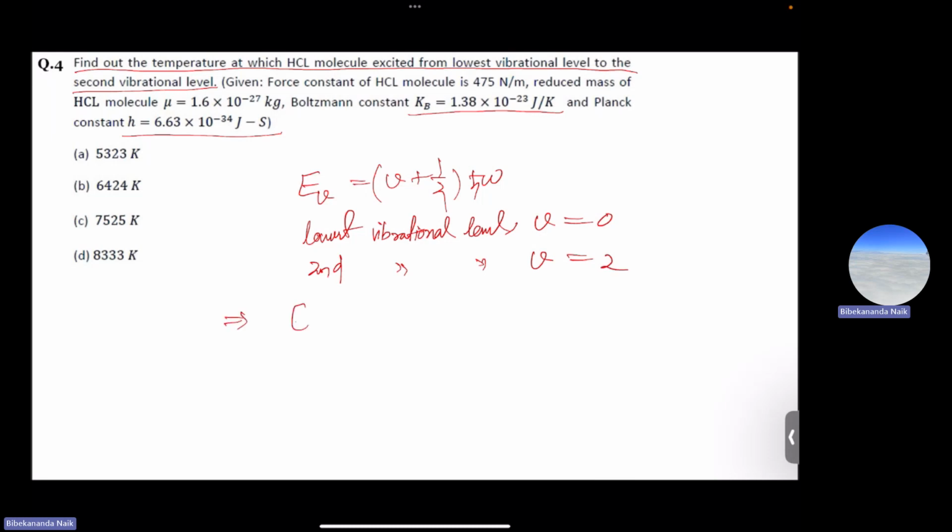So E0 is ħω by 2 and E2 is (2 + 1/2) ħω, which is 5 by 2 ħω.